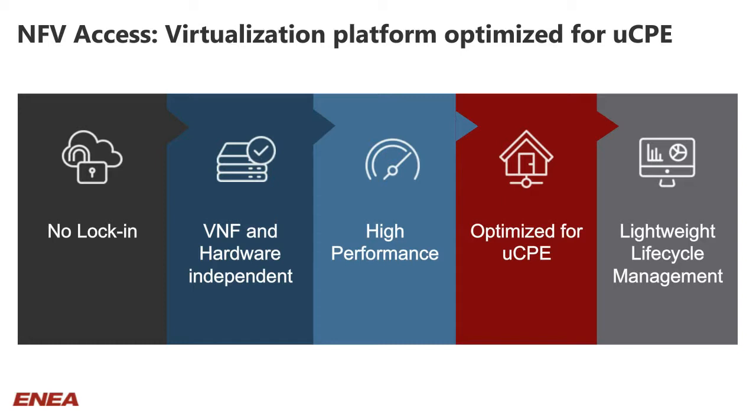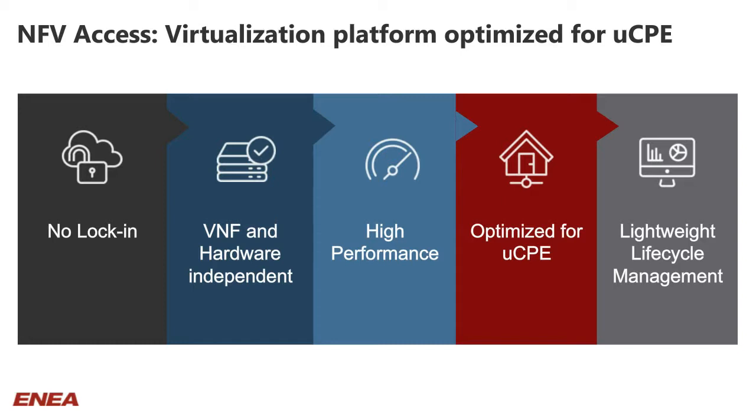High performance is another key factor in this area. And by high performance, I mean both networking throughput and latency, for example, but also optimization. Why is this important? Well, high throughput you can achieve in a data center by throwing tons of cores at the problem.